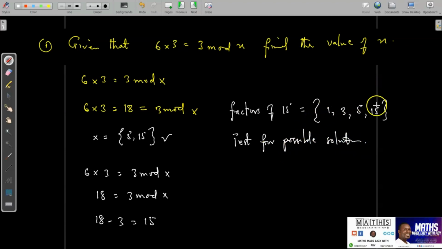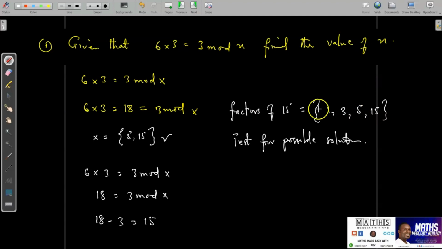Some of these numbers are the right solution to the question. In the first place, if it is mod 1, is it possible that we are going to get 3 as a remainder? If it is mod 3, is it possible that we get 3 from the operation?